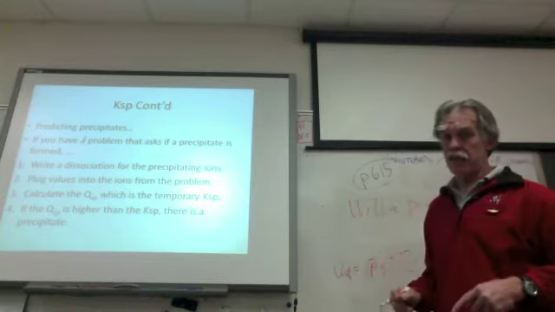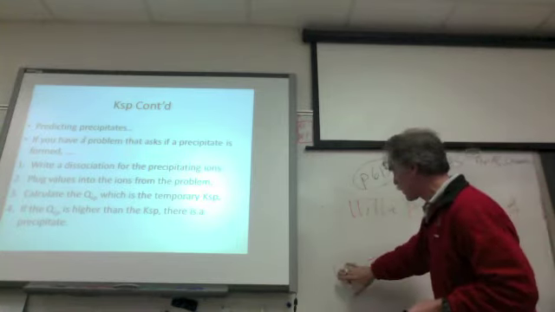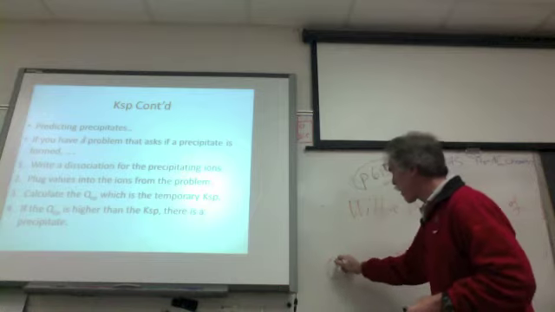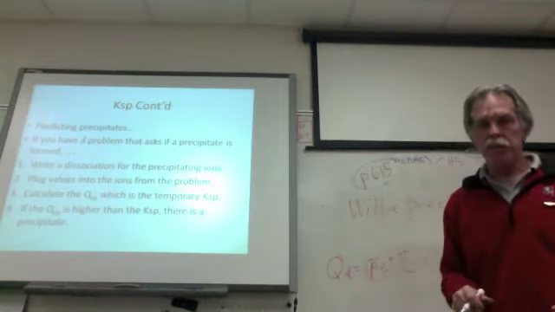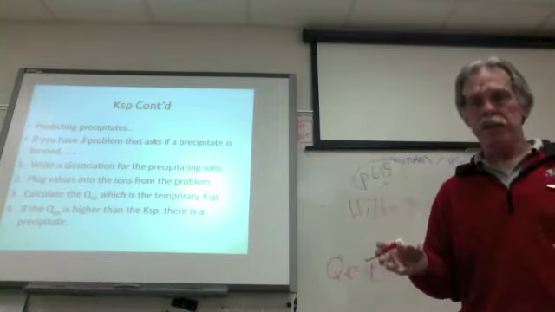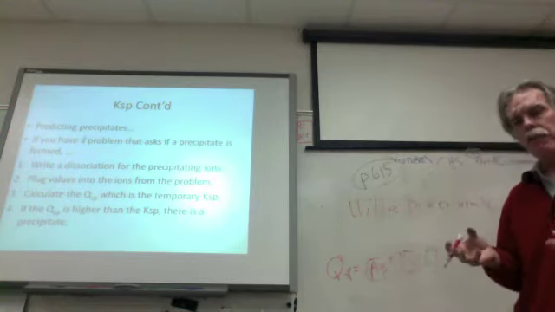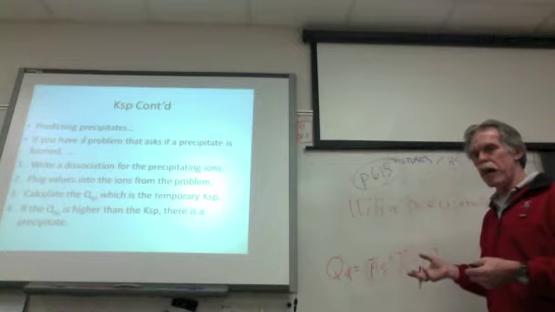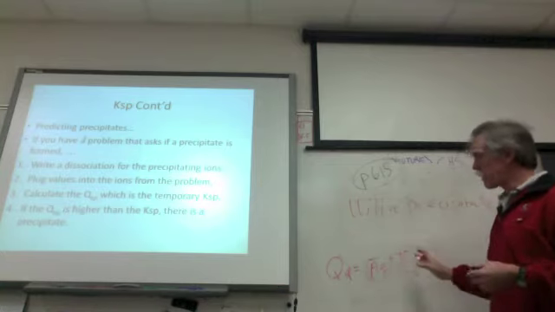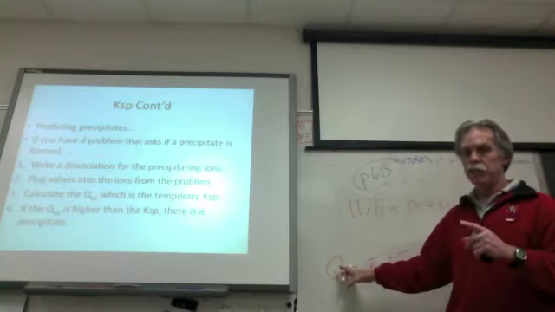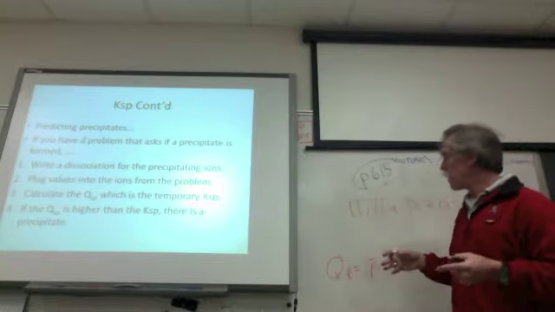We don't know that this is saturated, so we can't really call it a KSP. We have a special term, we call it a QSP. The QSP is kind of a question about, well, I'm going to take these solutions you tell me I have, and I'm going to multiply this, and then I'm going to see, is it bigger than the KSP?